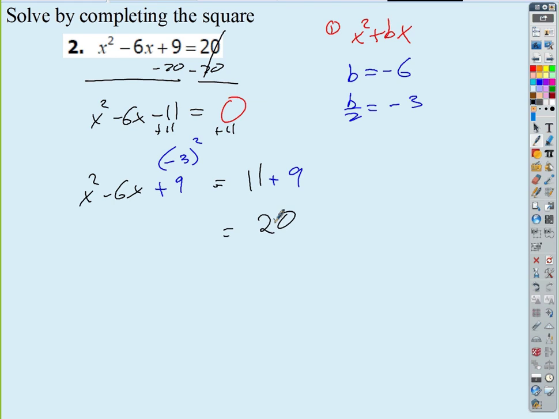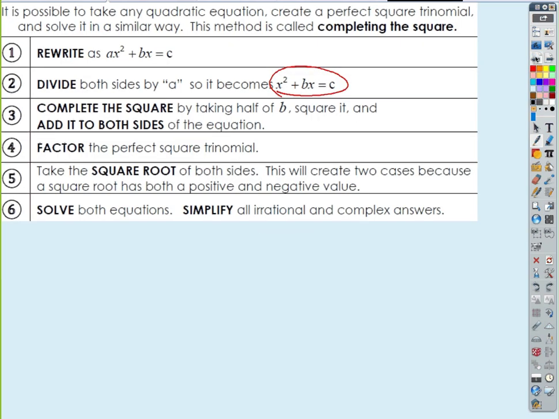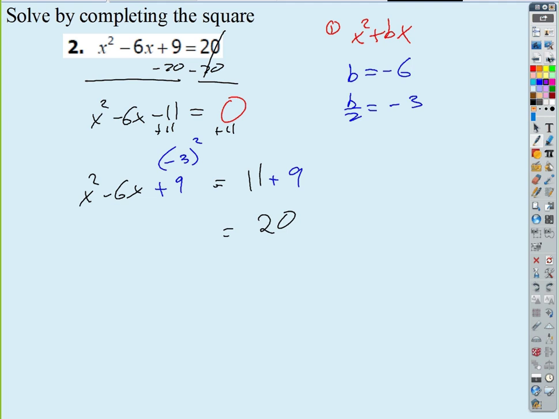Now why are we doing this? Well, because the next step, after we add half of b to both sides, is we're just going to factor. Right? Okay, well, what are the magic numbers that multiply to positive 9 and add to negative 6? Negative 3 and negative 3.